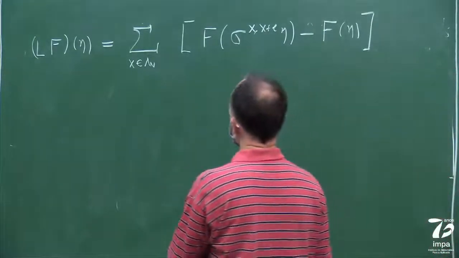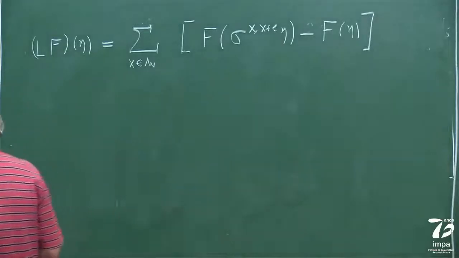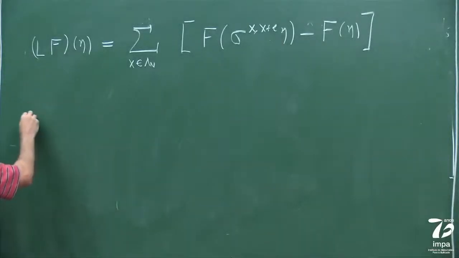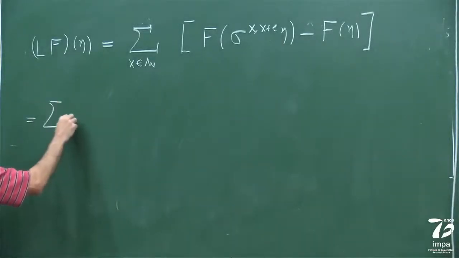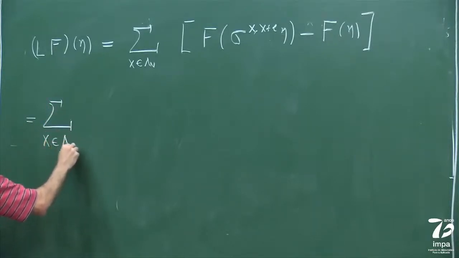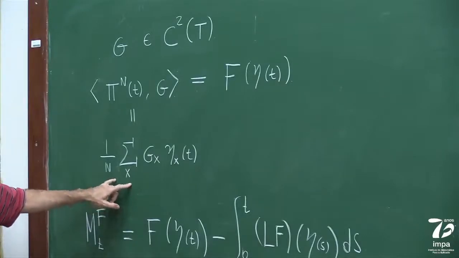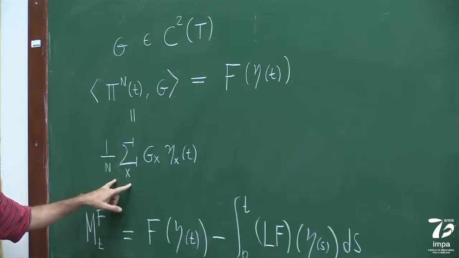So I just replace f by that function. So I have a sum over x in lambda n. Now, f is this function, and I'm computing this function at sigma x, x plus e of eta.